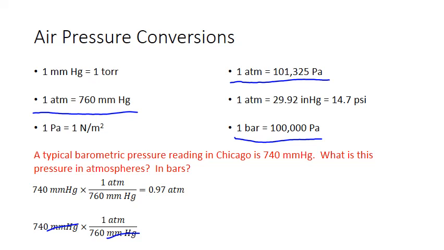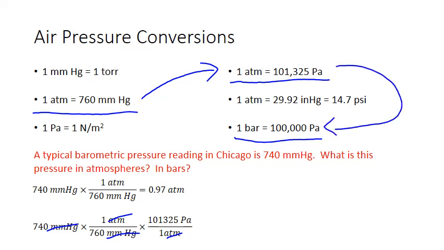We can convert from atmospheres to pascals using our second conversion factor. And this time we set it up so atmospheres cancels out. So atmospheres is on the bottom of the second conversion factor, and pascals is on the top. And once we have pascals, we can then convert into bars using our final conversion factor.